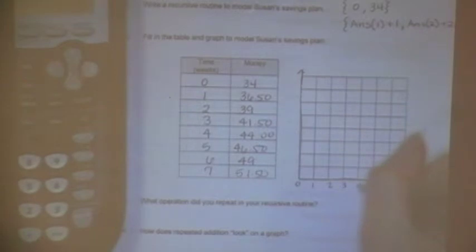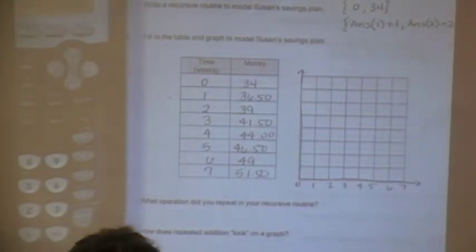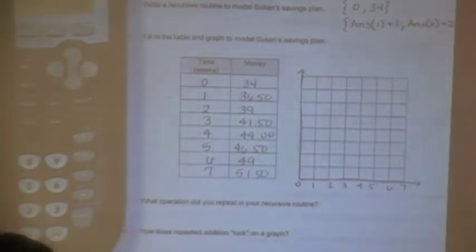Obviously, the origin is 0, 0. I can scale my x-axis real easy because that's time. Week 1, 2, 3, 4, 5, 6, 7. Now, scaling my y-axis. How should I scale this? Tens. I agree. I think 10s are good. Because we're starting at 34, and from there I'm going up. So I'm going to start with 10s.